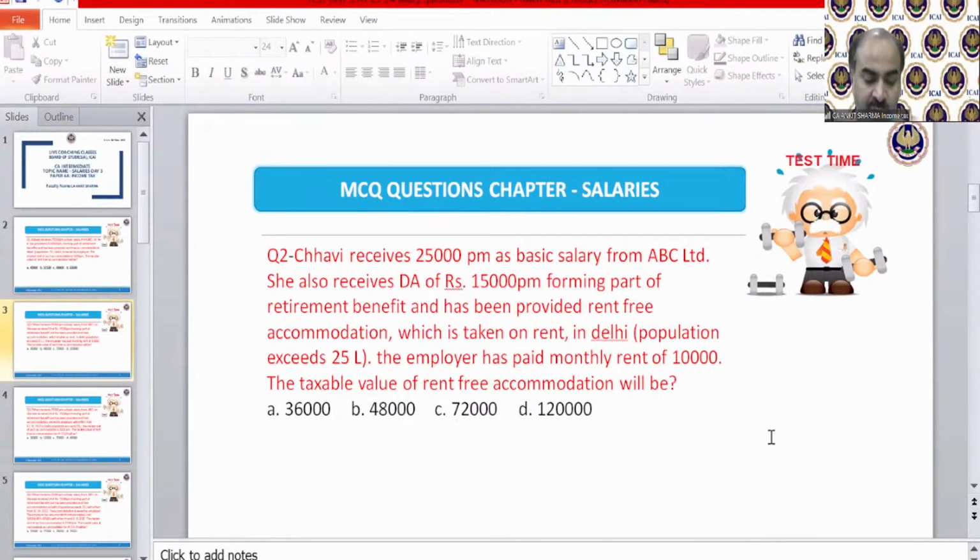So the correct answer is, of course, 72,000. Salary was 4,80,000. Detailed solution I will upload today. Do not worry. Correct answer is C, not D. Lower is going to be taxable: 15% of salary, that is 4,80,000, or rent paid, whichever is lower. So lower will be 72,000.